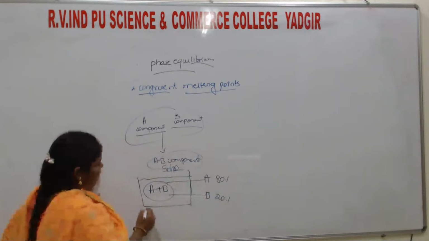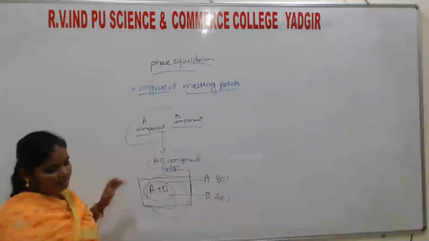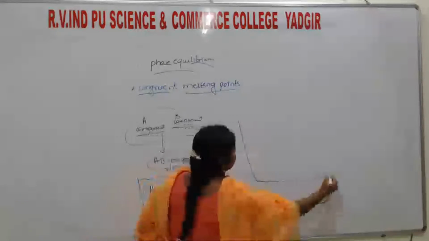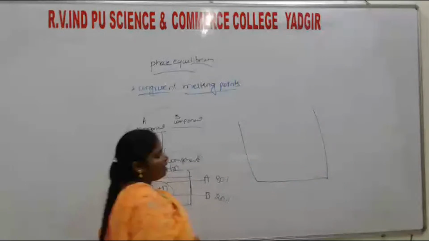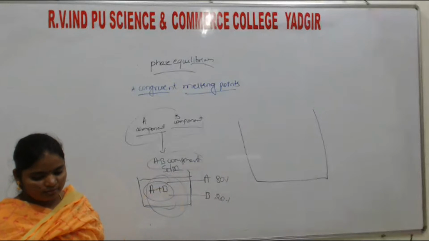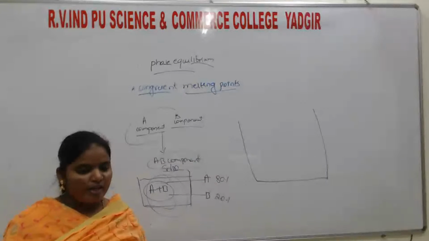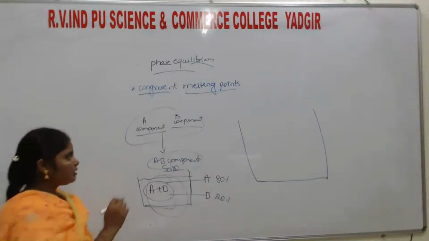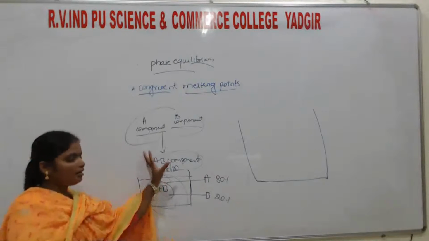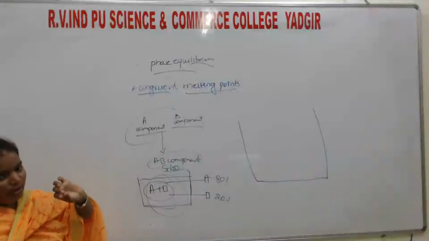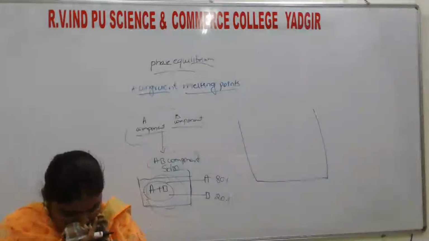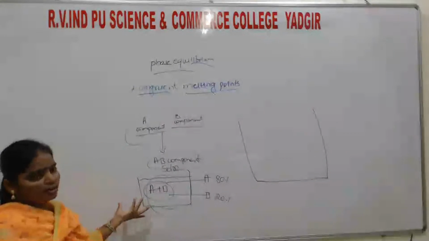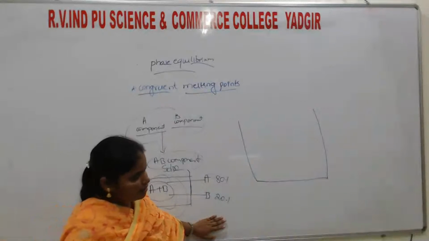Then I heat this container. When it is heated, there are two cases. In the first case, component A and component B cannot react.